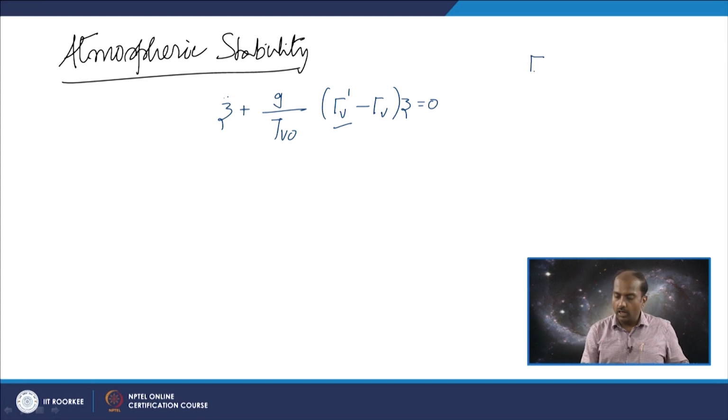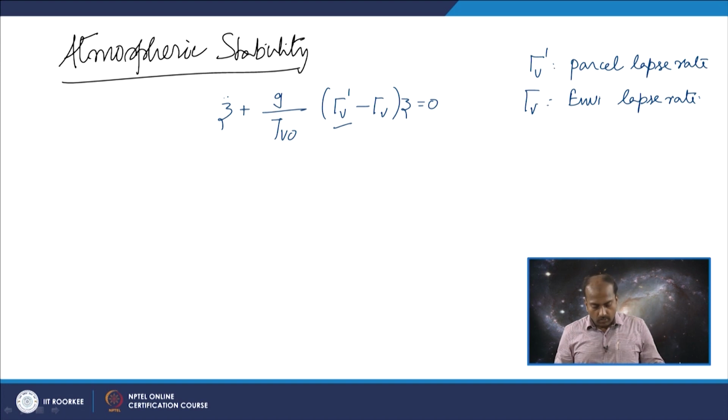So we say that gamma v prime is the parcel lapse rate and gamma v is the environment lapse rate.